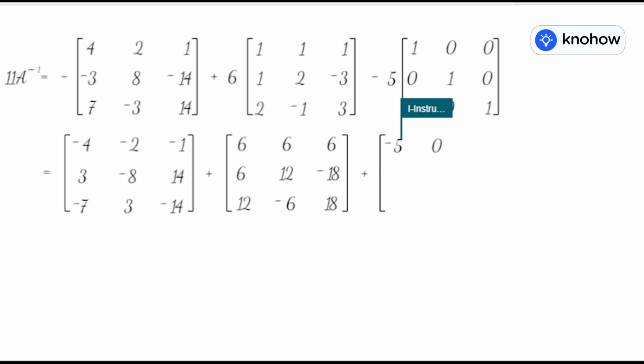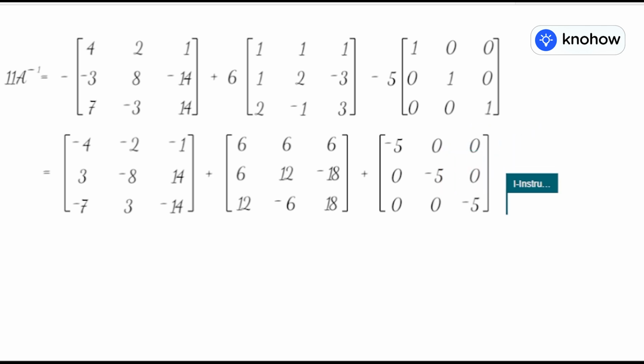Now all the three matrices being of the order 3 by 3, just add the corresponding elements, and on the left side you have 11 times A inverse. So what will be the value of A inverse? Dividing by 11, 1 by 11 times, add the corresponding elements.